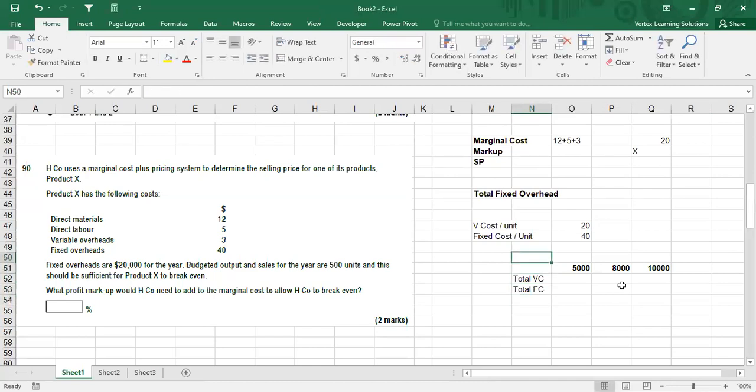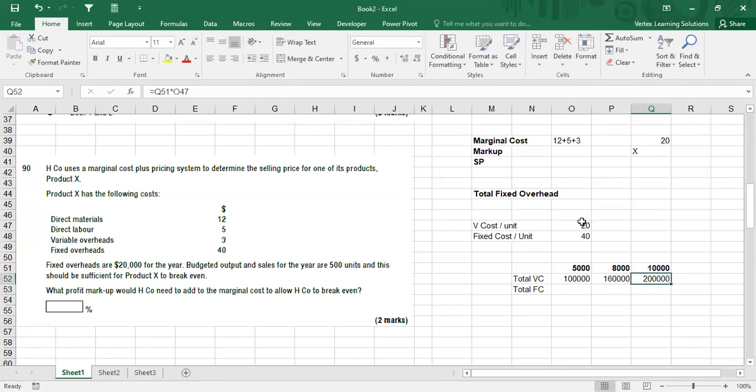They put 5,000 multiplied by the variable cost of 20, then 8,000 multiplied by 20, and 10,000 multiplied by 20.